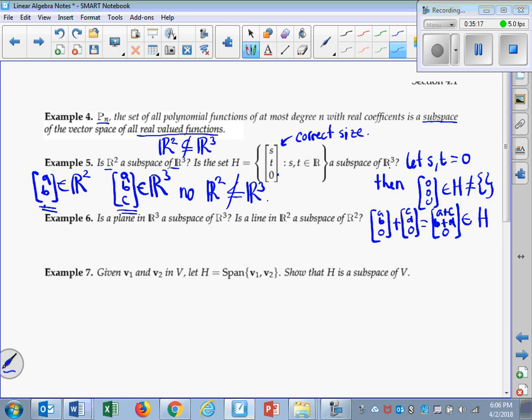And what if I scale it? Let's choose some new letters here. What if I choose R? And here we have S and T, and I scale by the letter R. That's going to give me RS and RT, and that is still in H. I can choose S to be RS and T to be RT, and that's still in H. So it's closed under scalar multiplication, and it's closed under vector addition. So that tells me that this H is a subspace of R3. So the answer is yes for that one.